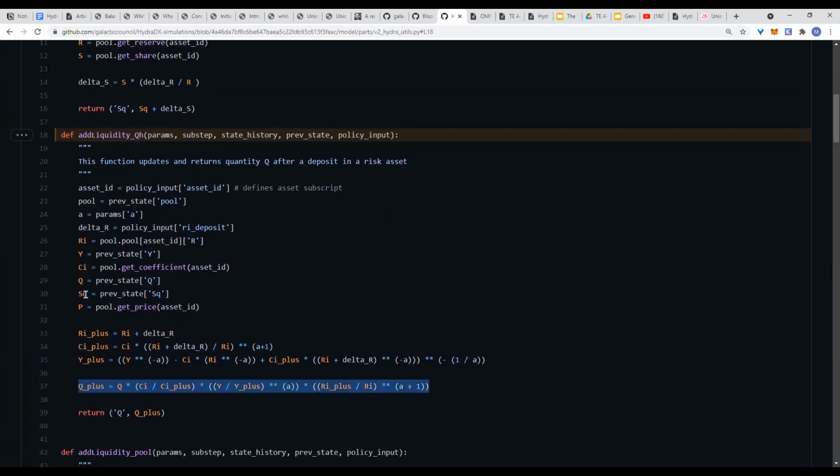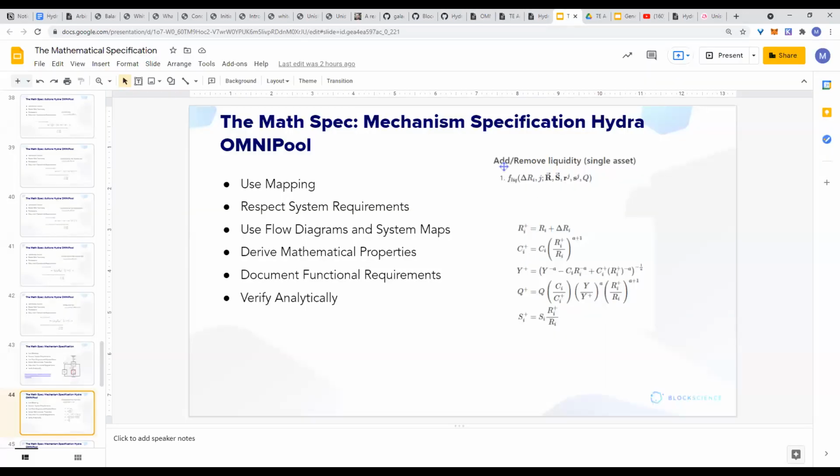It's a function of all the things that we said, all that were in that mechanism here. So we see all those variables here, and then for Q, this was the computation to get this state update for that one variable.